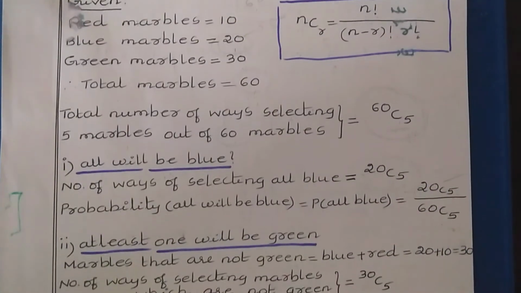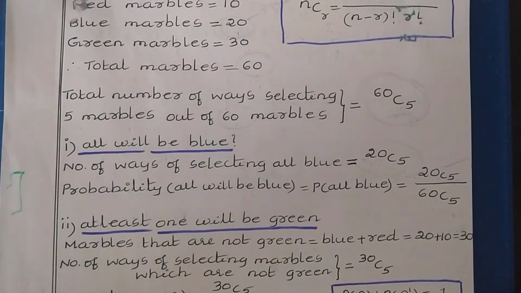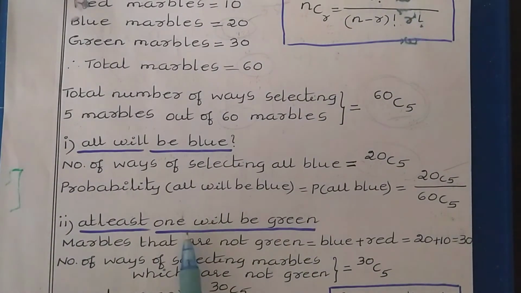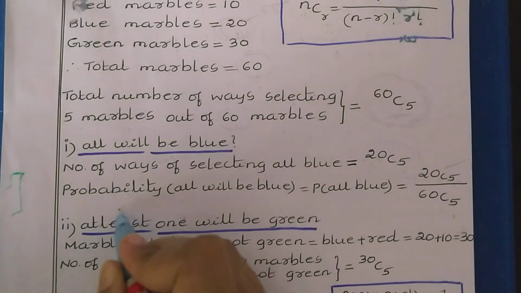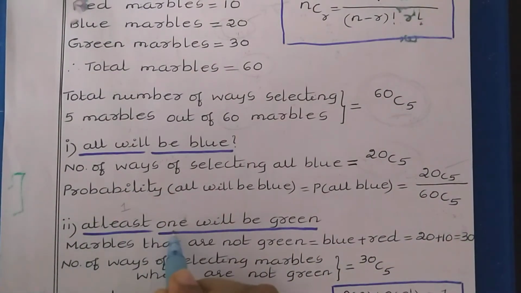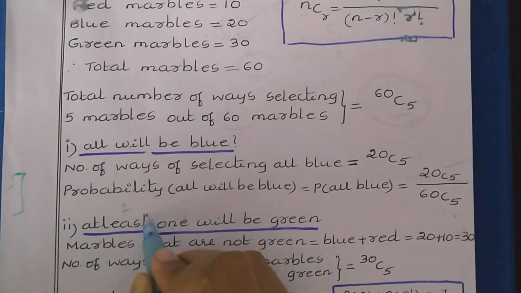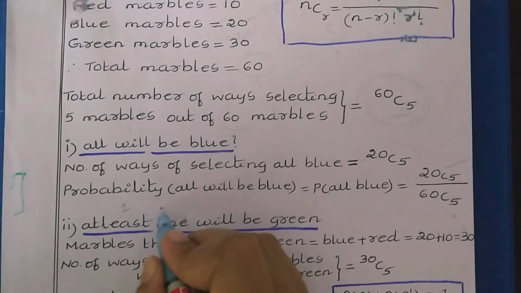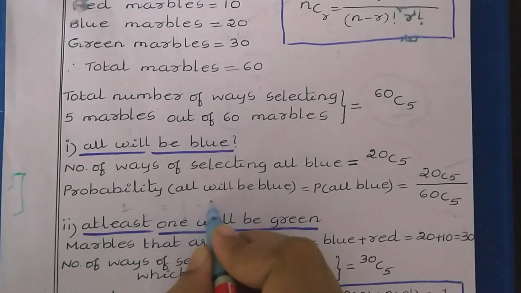Next, second sub question. Find the probability that at least one will be green marble. Means here we have to select 5 marbles from the box and in that at least one marble, at least means minimum is 1. It may be 1, or even 2, 3, 4, 5.